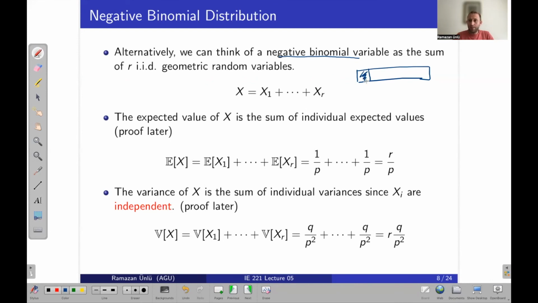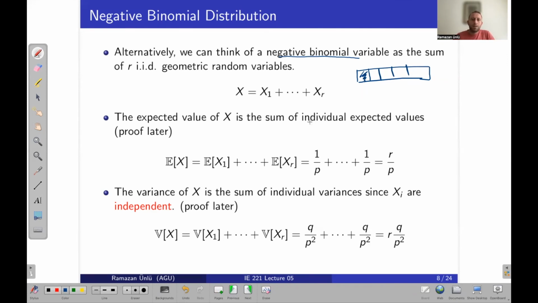And each trial can be thought of as getting the first success, right? So the negative binomial variable will be the sum of geometric random variables, because each of these trials can be thought of as a geometric random variable, as if we will get the first success.